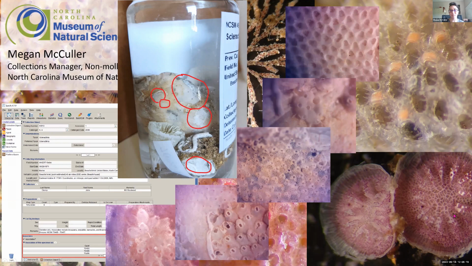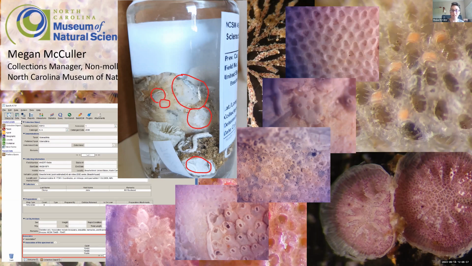And in this one lot, I found 19 species of bryozoans. And that sort of started my whole research project, which was to take lots from our collection and identify bryozoans within them and see how many associates are in these lots.